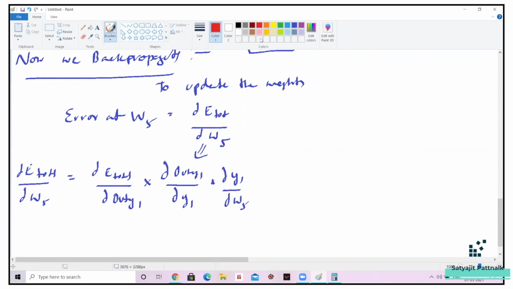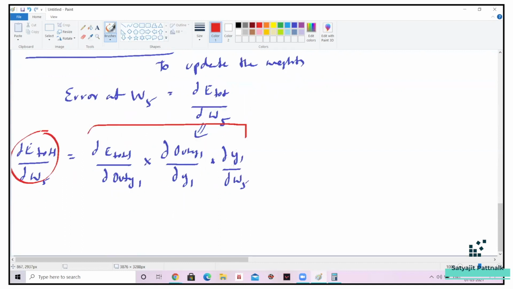If you cancel this with this, and this with this, ultimately we achieve the target, right? So we can use this instead of this. This is nothing but the chain rule.